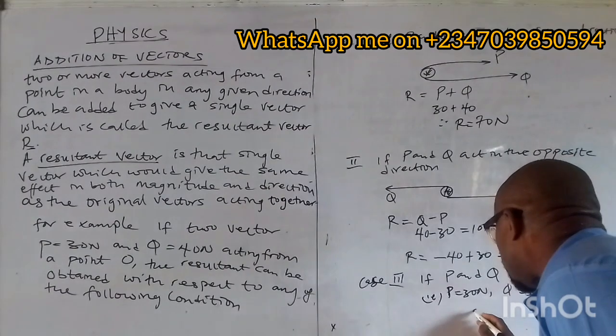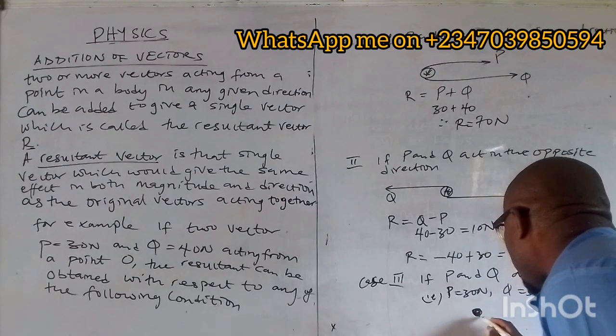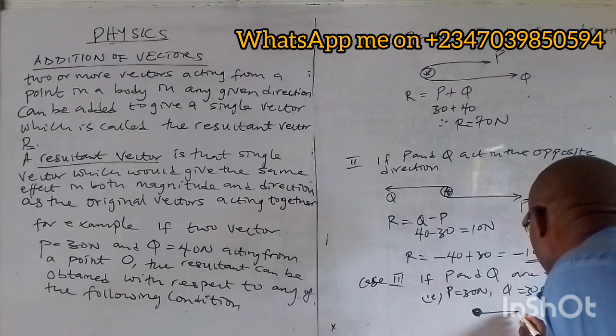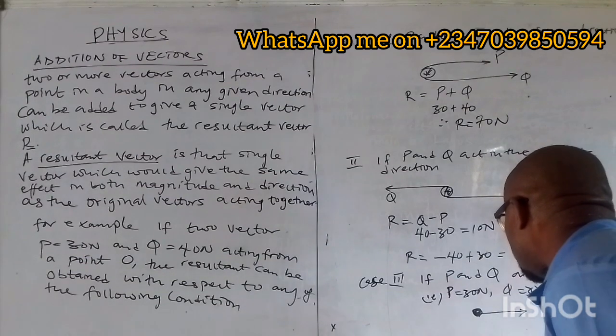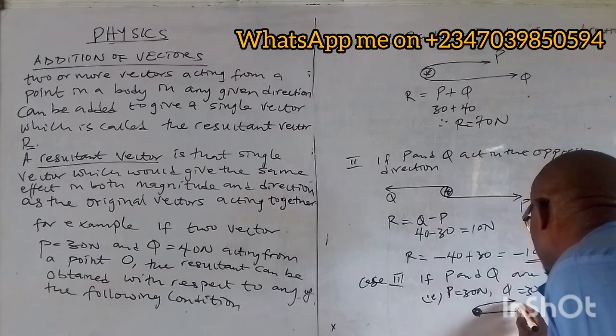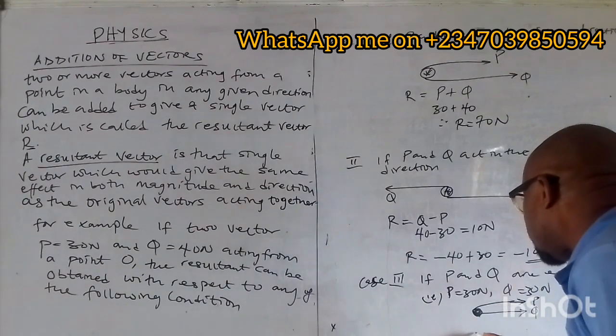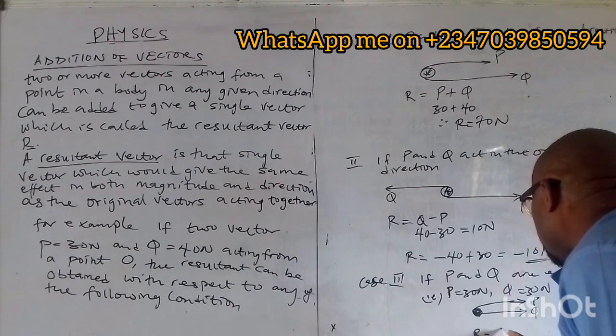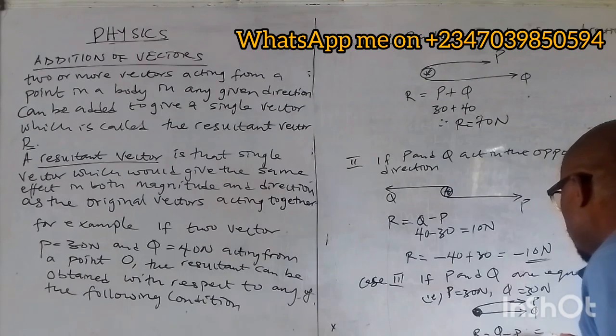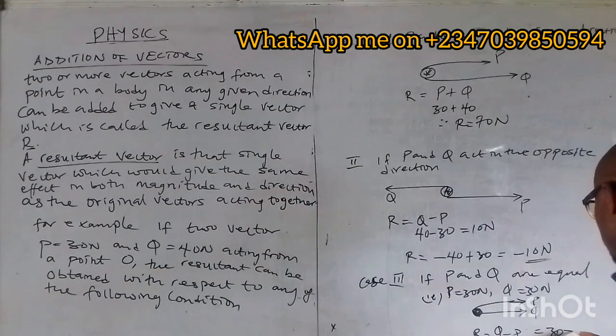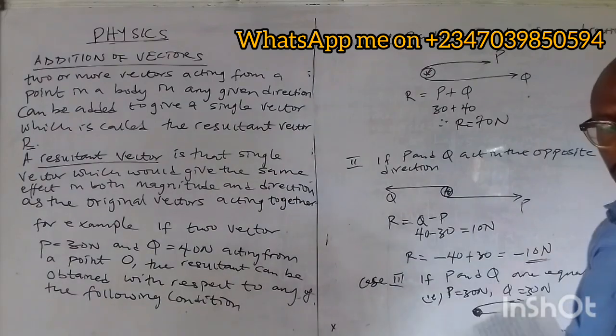This is the point of action, and they are equal, 30 and 30. Let's say P here and Q here. In other words, we can now say R is equal to Q minus P. It will give us 30 minus 30, which is 0 Newton. In this case, if they are equal, it means that the body is said to be in equilibrium.